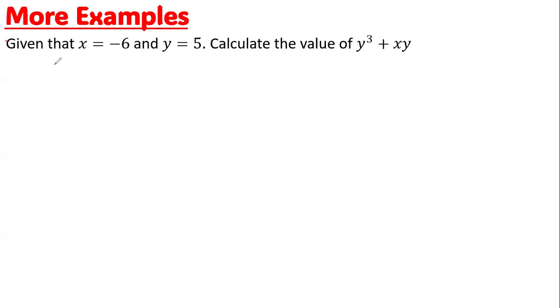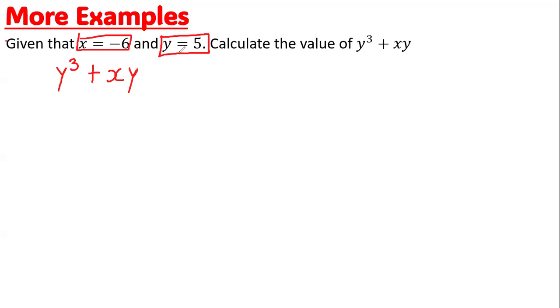Oh, okay. So we have y cubed plus xy. So we have x is equal to what? -6, right? So that means we're gonna put -6 in for x. And what are we gonna put for y?